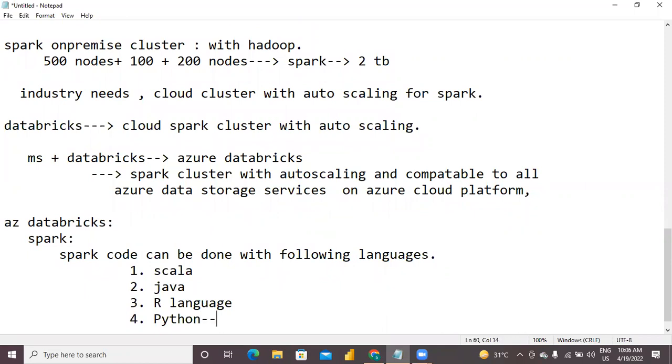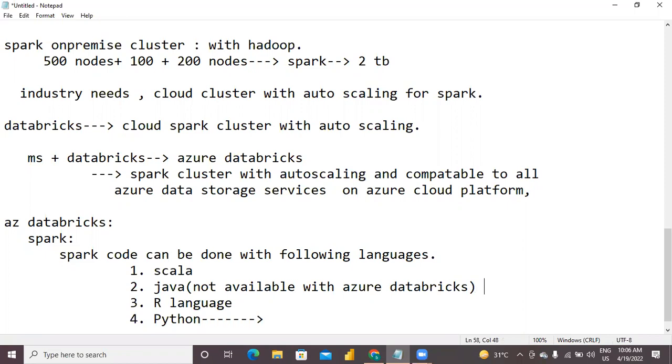But most of the things, especially on the Azure platform. Of course, sir, Azure Databricks doesn't support Java, remember. In normal Databricks that is available, but not in Azure Databricks. Okay, so you can write in Scala, you can write in R language, and also you can write in Python.